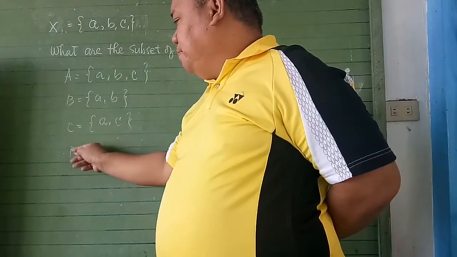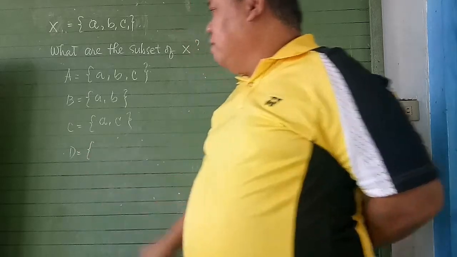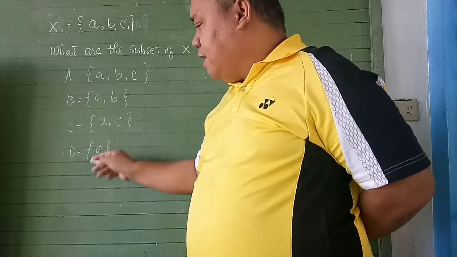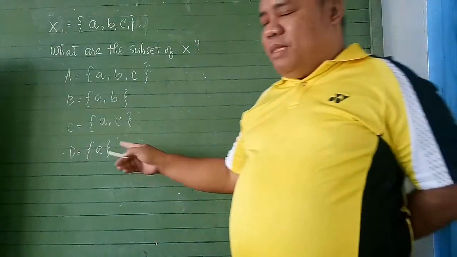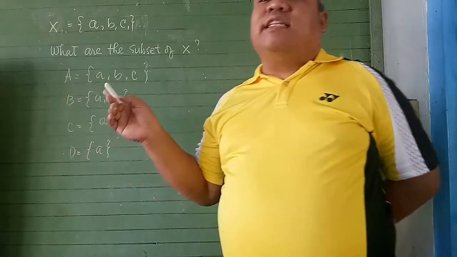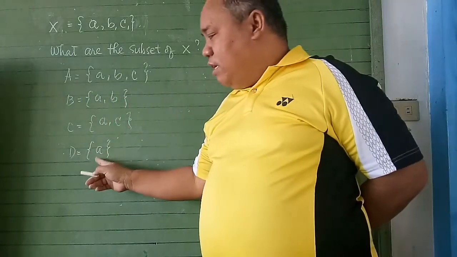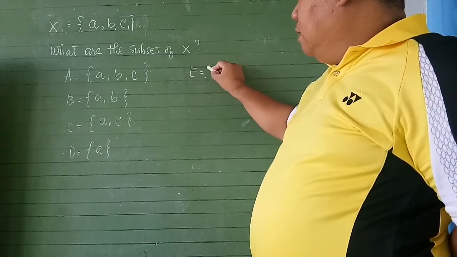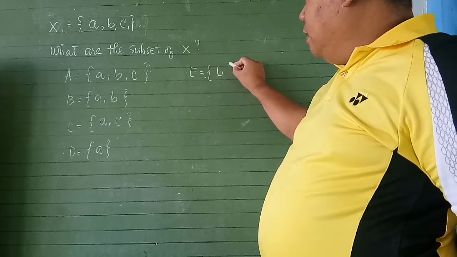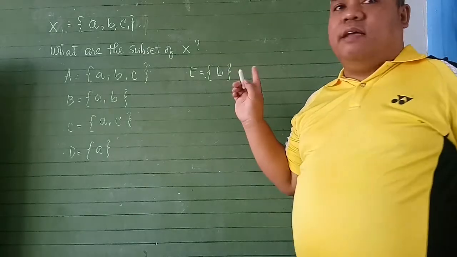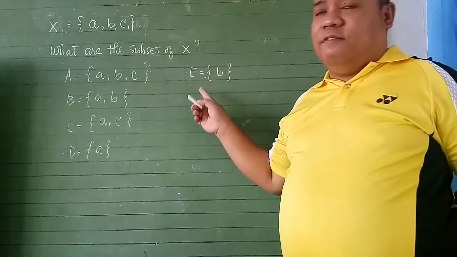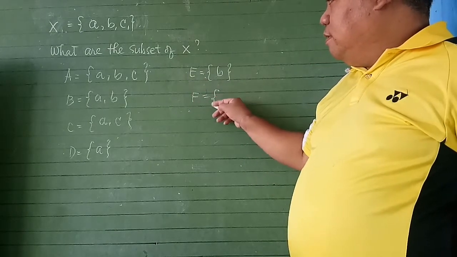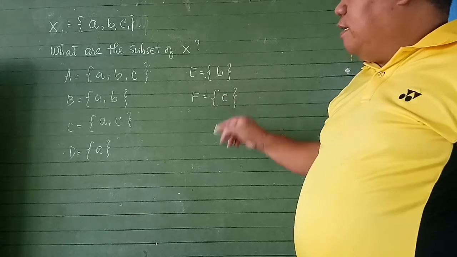What about D? What else? What are the sets? Set D contains letter A, so element A, a unison. When we say unison, these are sets that contain one element. So still D is a subset of X. What about E? Okay, set E contains the element B. Again, E is a subset of X. What about this one? C. Okay.